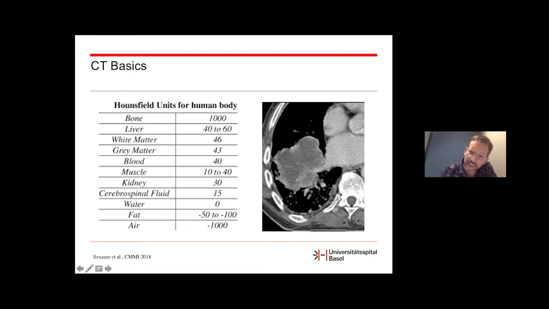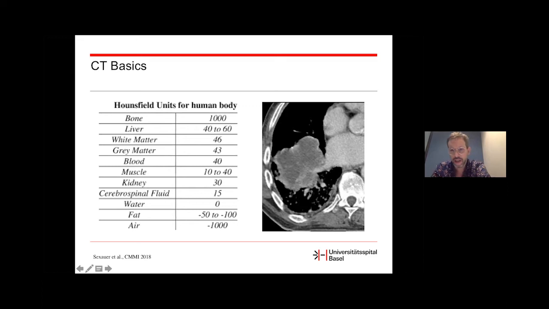So it's basically a density measurement, and it's quantitative like this. So it's not a relative quantitation that you would have in MRI, but really a more or less hard quantitation. So that's the basics you need to know. So there are Hounsfield units that are quantitative units that describe the density of the tissue that you measure with the CT experiment. And then you can calculate an image like this.